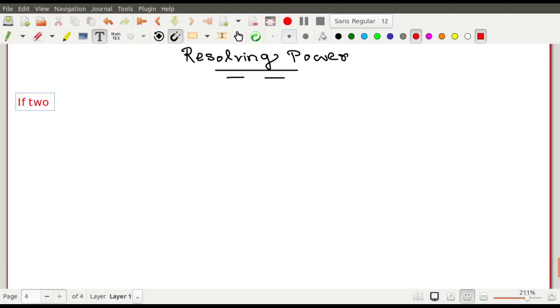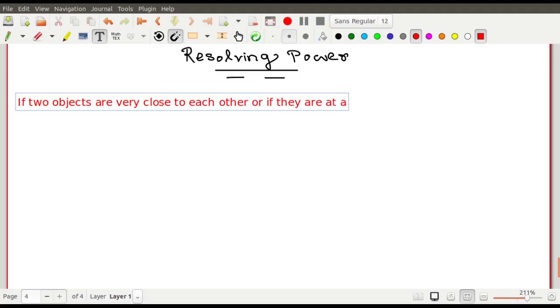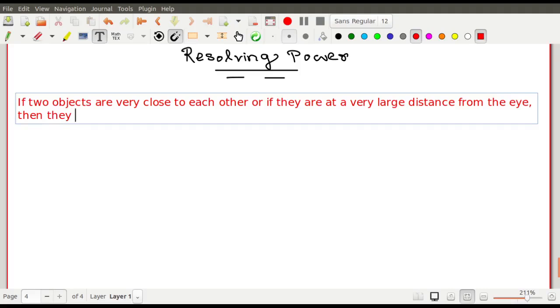If two objects are very close to each other, or if they are at a very large distance from the eye, then they may not be distinguished as two separate objects, right?